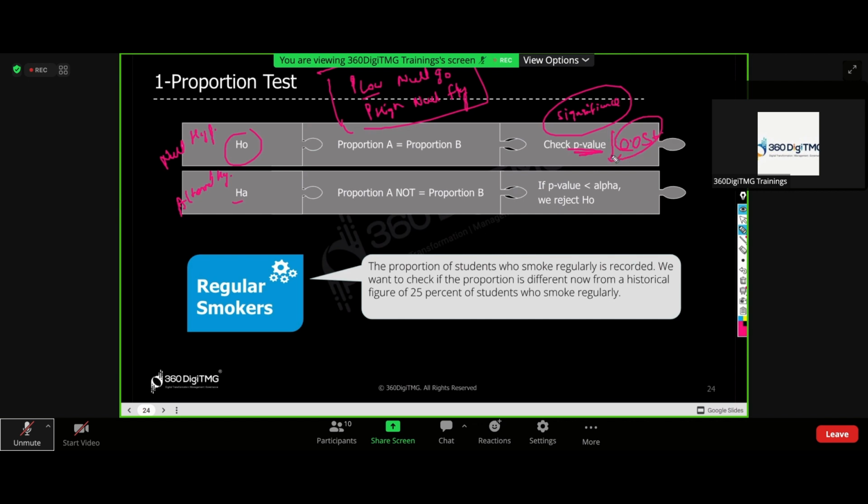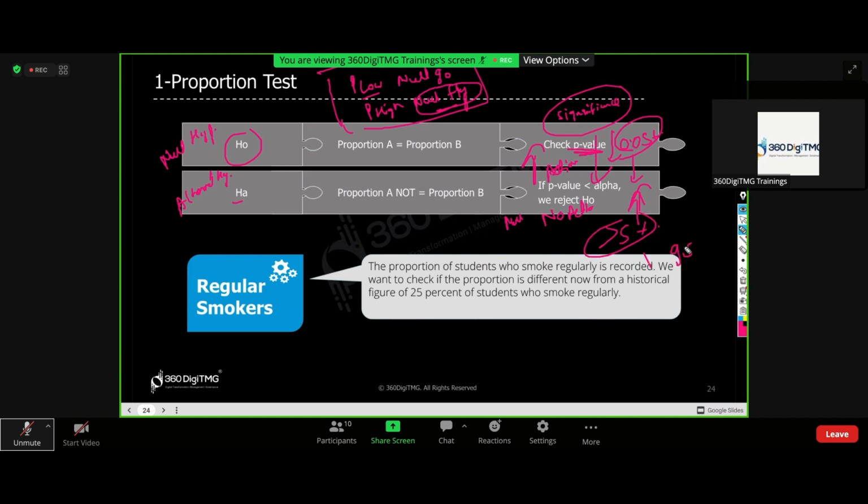So if P is low, null will go. It means if P value is less, then you can go ahead and take an action. Obviously, if the chance of you going wrong is low, then you will go ahead and take an action. But if P value is high, then null will fly. It means you will go with the null value. You will not take any action, no action, because P value is high. And what is P? P is your significance level, the chance of you going wrong, which is greater than 5%.